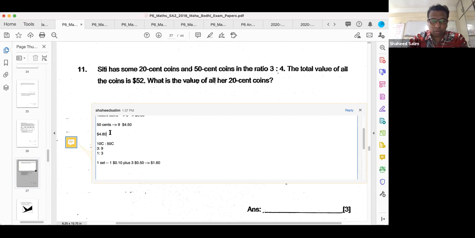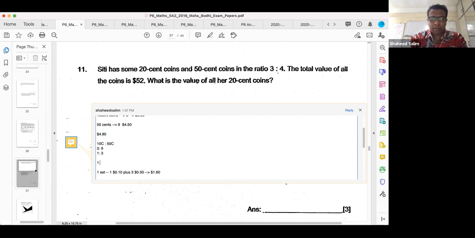That's the value of one set. Now what do you do? You take the total value, 480, divided by 160. How many sets do you get? You get 3 sets. That means there must be 3 10-cent coins.